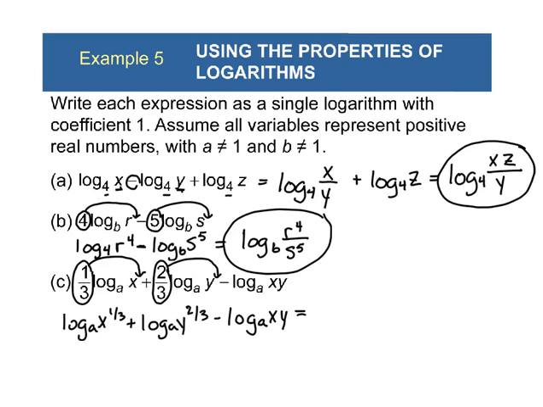That's another way you can look at these. So we condense it down to one logarithm: x to the 1/3, y to the 2/3, over xy. Alright, that's how you condense that expression.